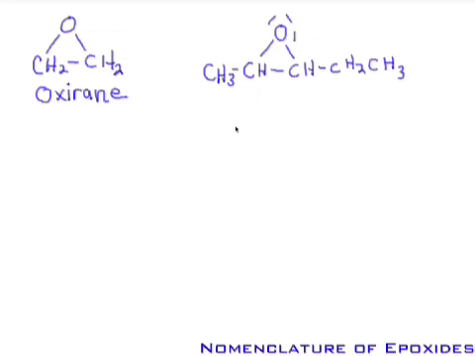Oxygen becomes number 1. Now you can go around either way, around either carbon. I'll go 2 this way, 3 that way. And so you see I've got a 2-ethyl-3-methyloxirane. All one word.